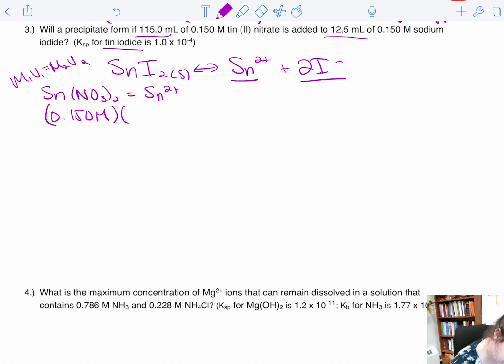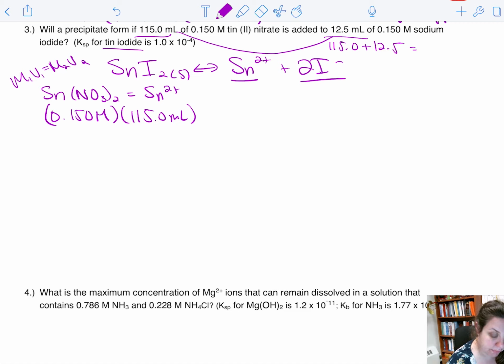Our V1 is 115.0 milliliters. For our V2, we add these two together, so 115.0 plus 12.5 gives us a total volume of 127.5 milliliters.